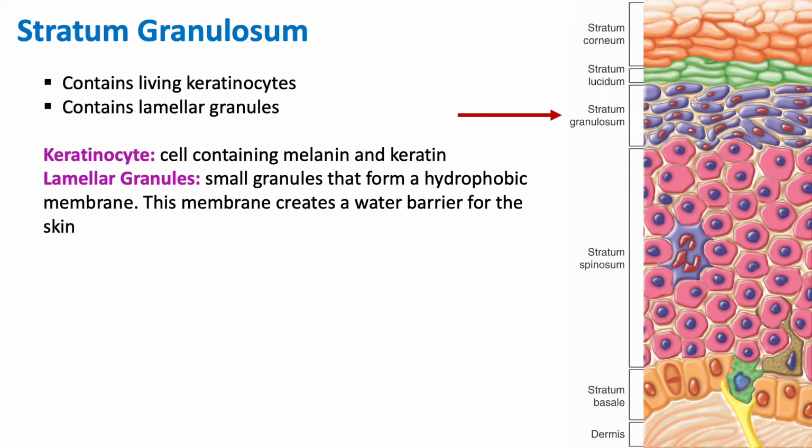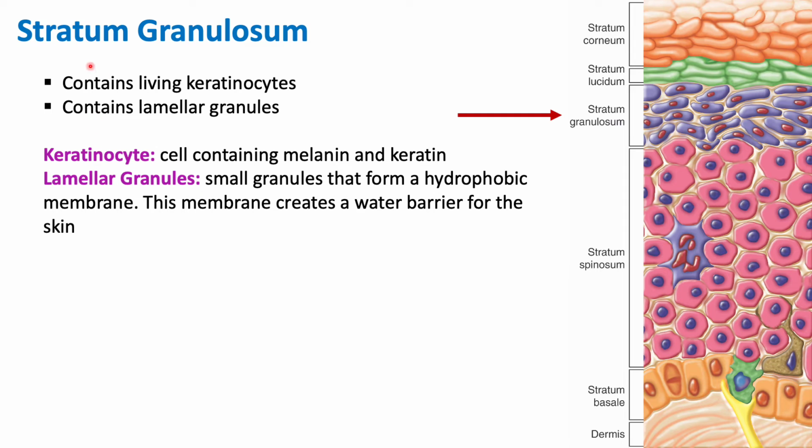Now, the next level is the stratum granulosum, which is the third level of our epidermis, right below stratum lucidum. Now, the stratum granulosum is the first place where we are going to see living keratinocytes. Remember that in the first two levels, we had dead keratinocytes, but now we have living keratinocytes.